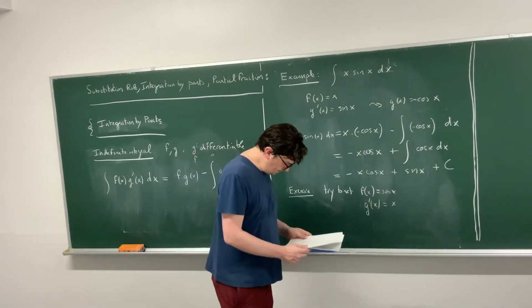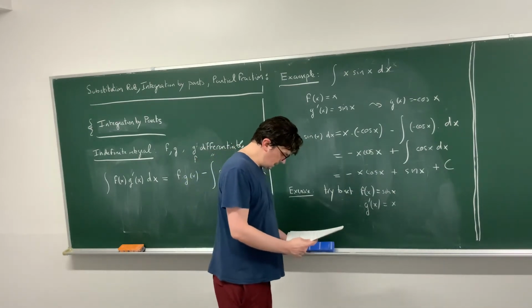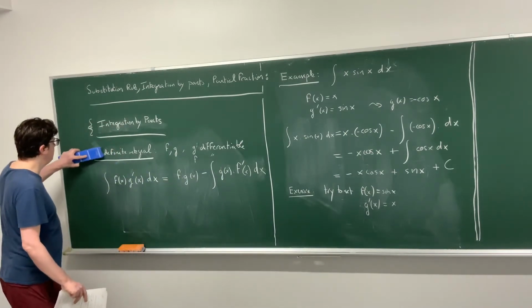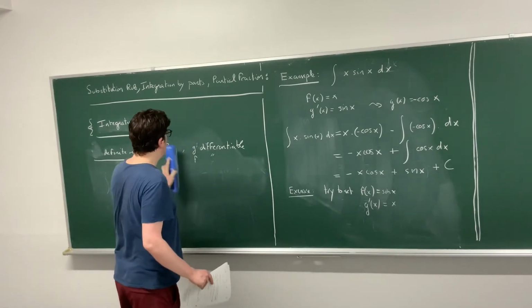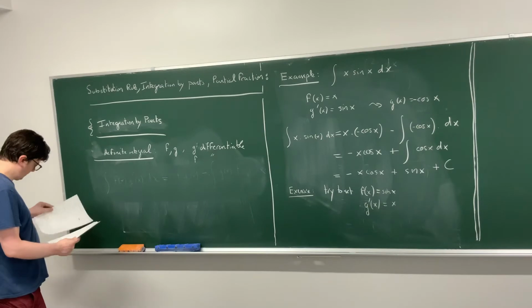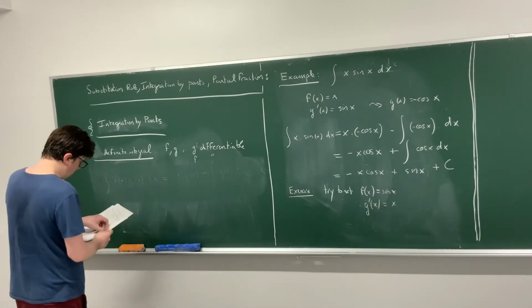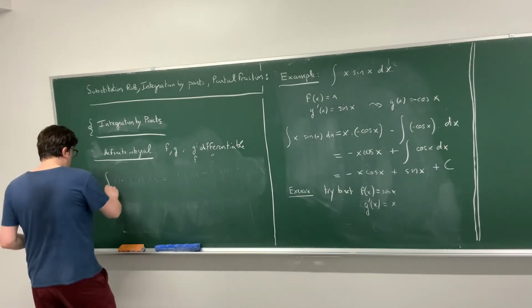Okay, now what about the definite integral case? Basically we need, of course, the same hypothesis here. Let me find the formula. Yeah, so the formula here will be as follows.